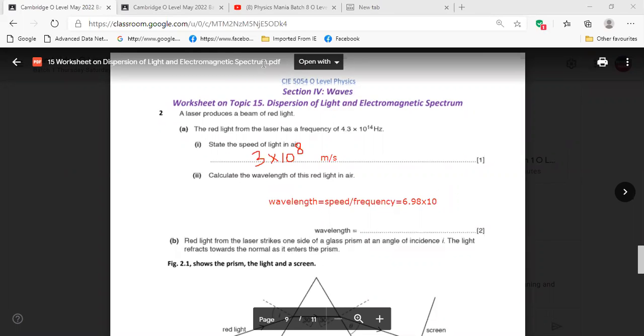Monica and Farabi, are you clear about this, what I'm saying? So 10 to the power minus 7, then for the answer, wavelength, it should be meter. The unit of wavelength should be meter.